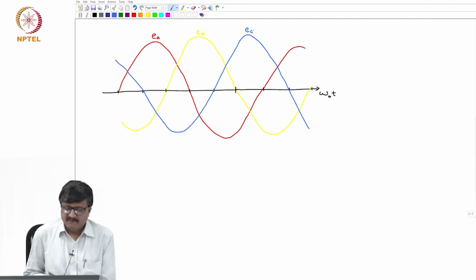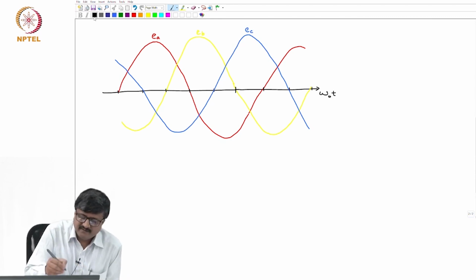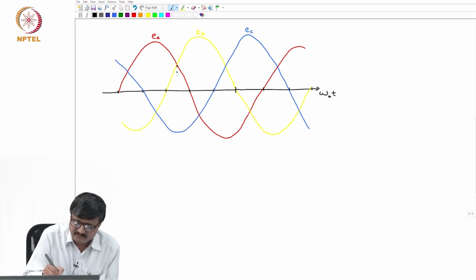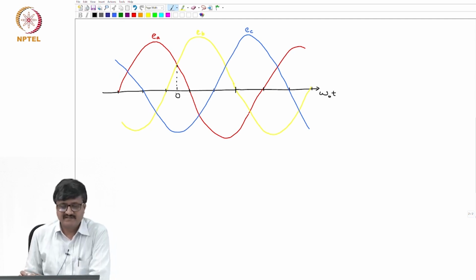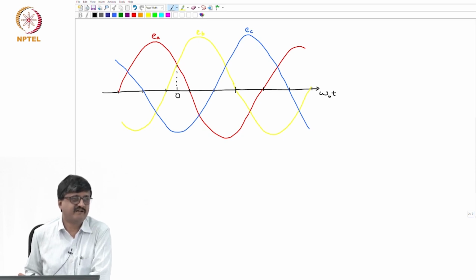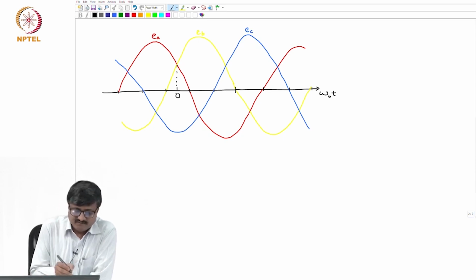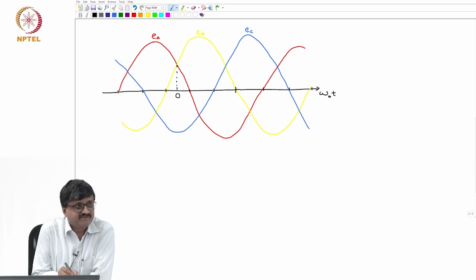If I take this instant as 0, the instant at which EA and EB are positive and equal in value. Okay. So, what will be the instant at which EA has a 0 crossing from negative to positive?